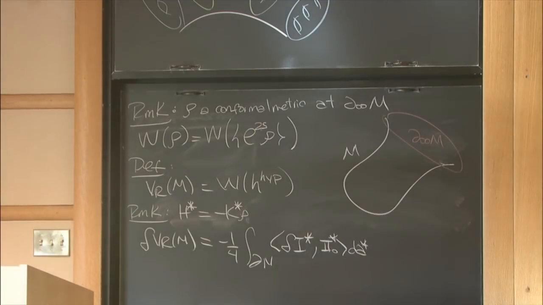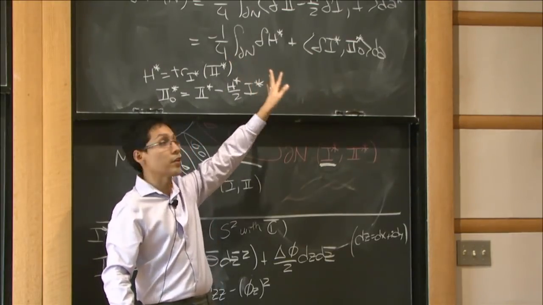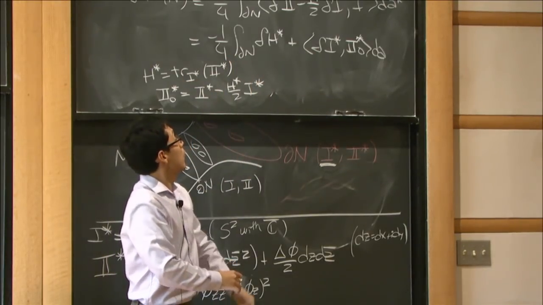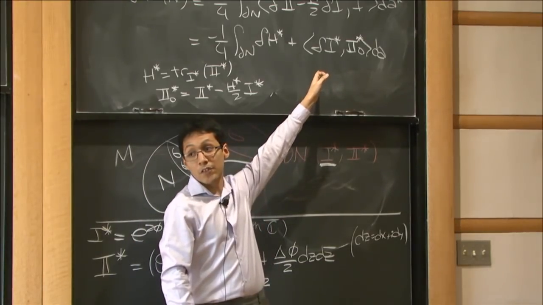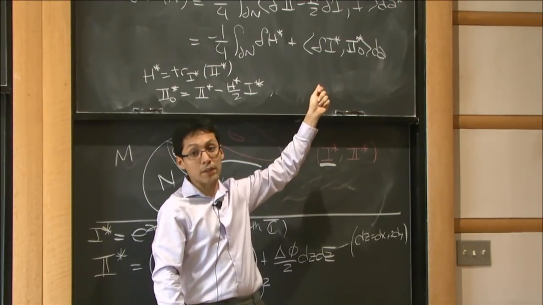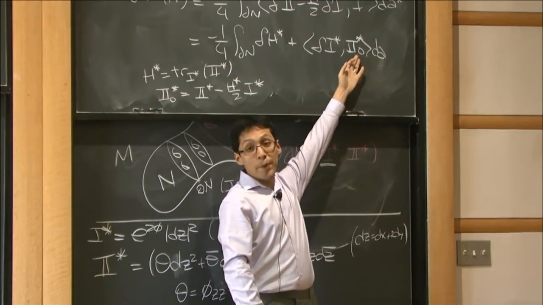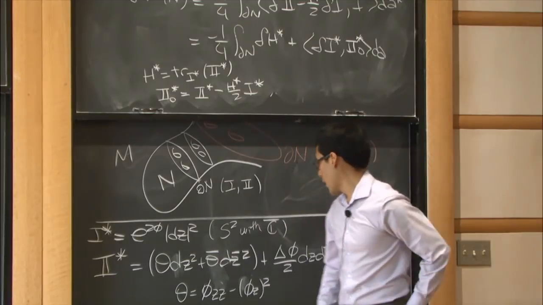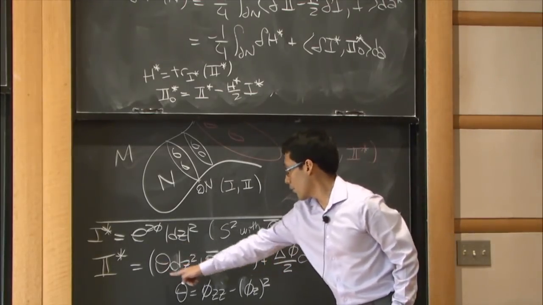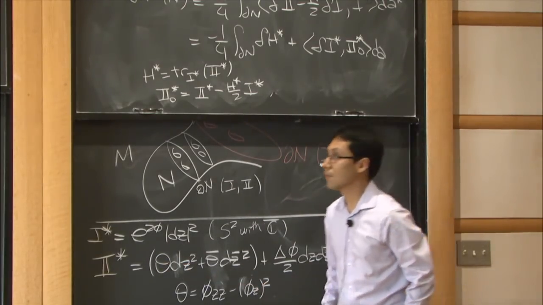And for that, this formulation is nice because now we know that this is just the constant function 1. So that part of the variation is not going to appear in our calculations. So now what we need to understand is how the hyperbolic metric changes as we change our conformal class, and how that pairs versus the second fundamental form at infinity, which we have its formula given by this tensor.